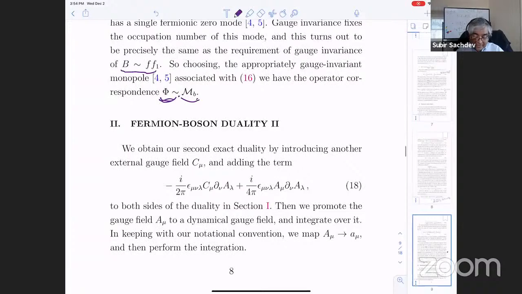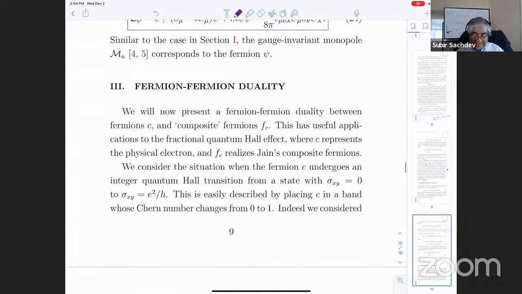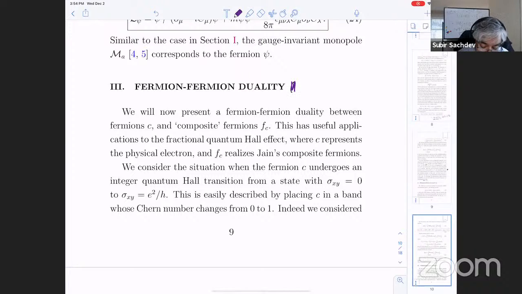All right, in the remaining 2 minutes or 5 minutes, let me mention fermion-fermion duality, which has seen a lot of discussion these days, especially as theories of the nu equals 1/2 quantum Hall state, and whether using composite fermion and the composite Fermi surface, there's been quite a lot of progress and many papers written on it, and also a lot of debate about what this fermion-fermion duality actually means.